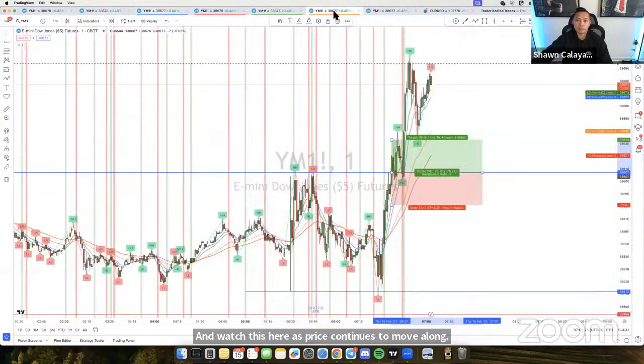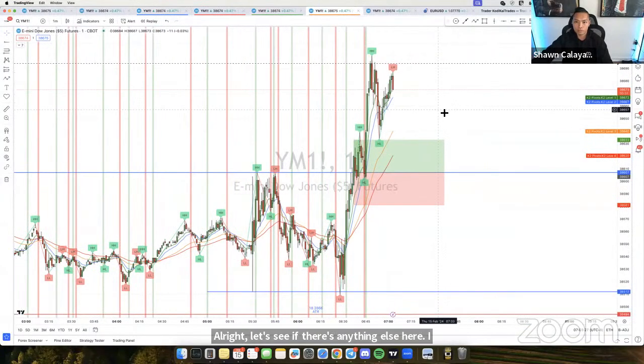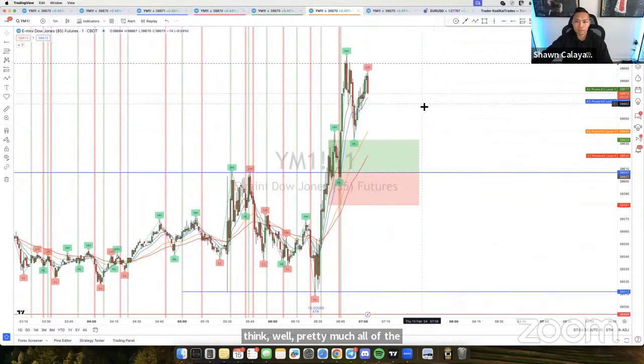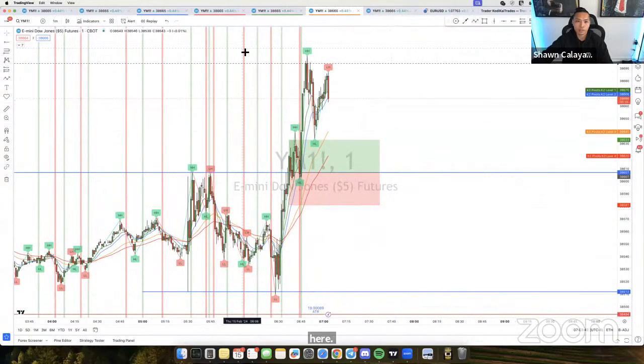All right, let's see if there's anything else here. Pretty much all of the liquidity has already been hit here. So there's not really any targets for price to kind of reach up to.